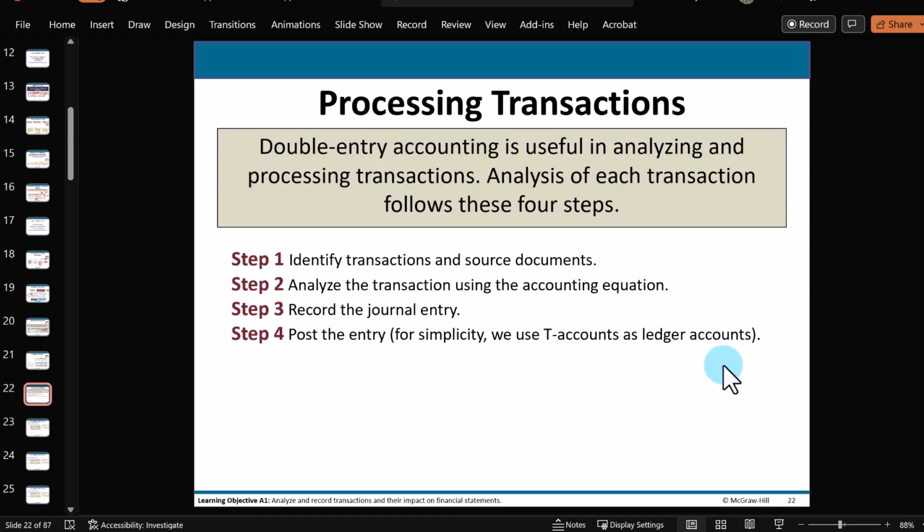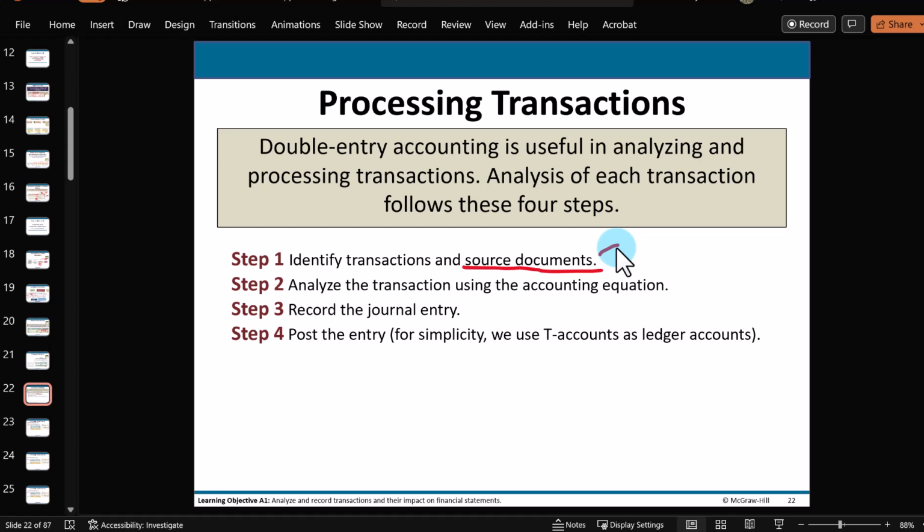Again, here's the process of recording transactions. You gotta find that source document, the paperwork, the evidence, and interpret that to determine what accounts have to change. And again, the only thing you change is to make it bigger or smaller. Again, this is real life here, source documents.